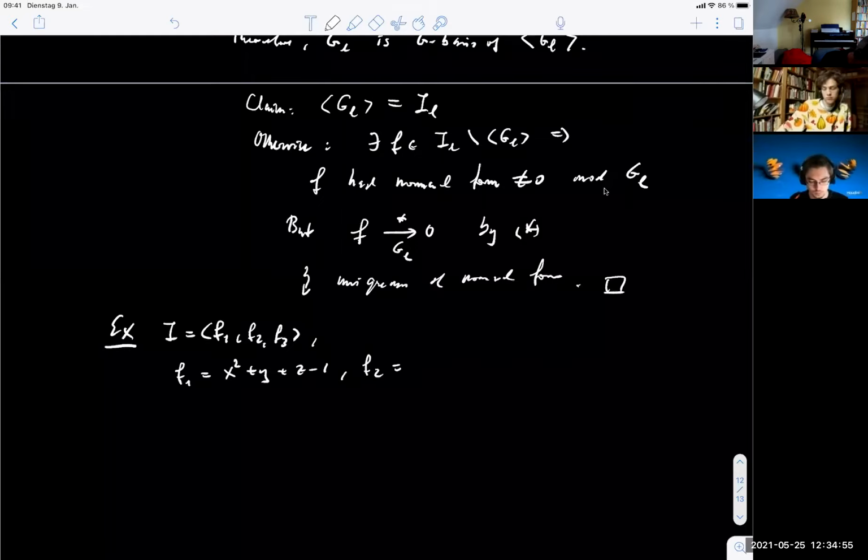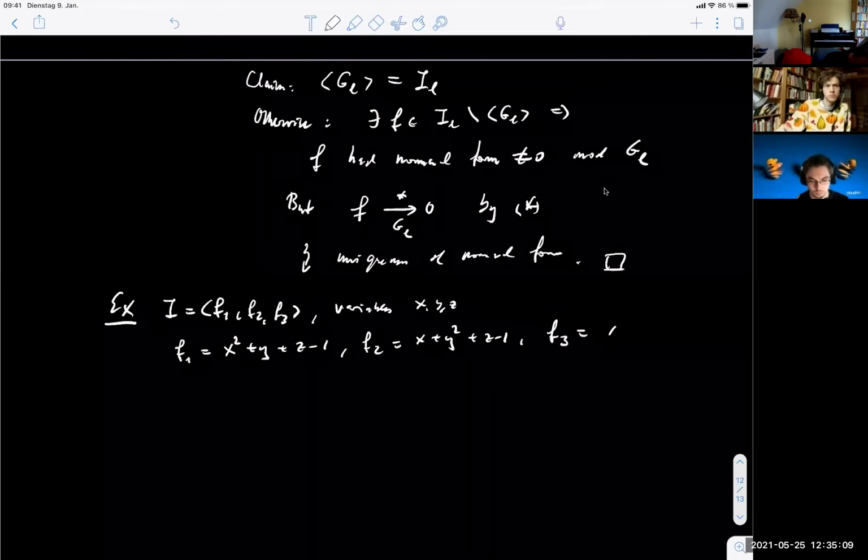F2 is x plus y squared plus z minus 1. And F3 is x plus y plus z squared minus 1. So I have 3 polynomials in 3 variables. And let's think of the complex numbers as the base field.